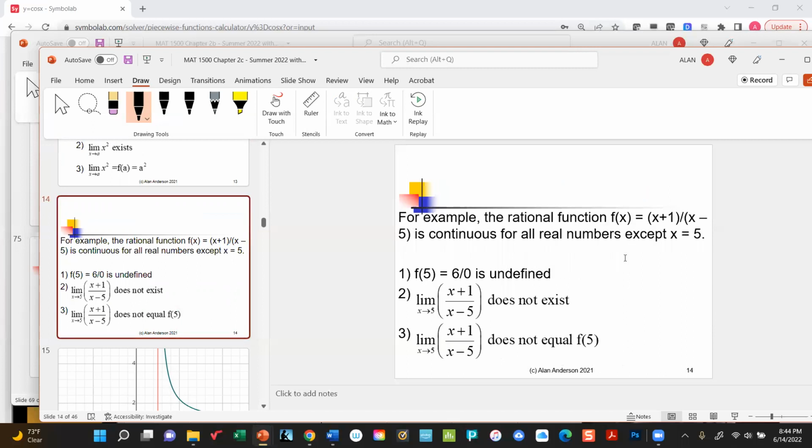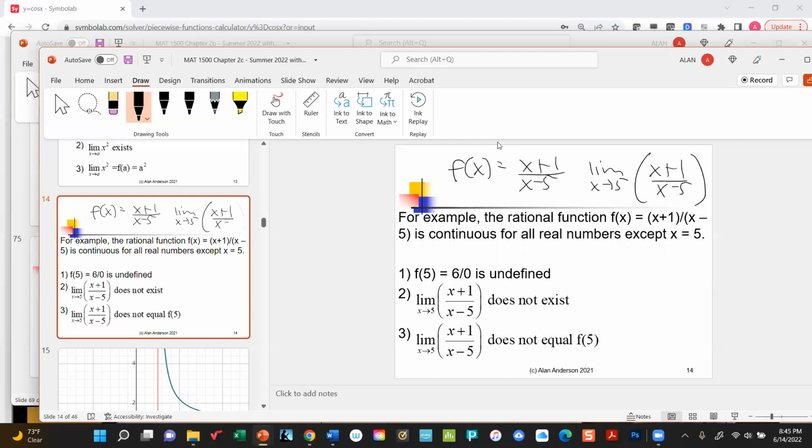Okay, so like here, for example, we have f of x equals 1 over x minus 5. The problem with this function is that the limit, as x goes to 5, well, it's not going to work.